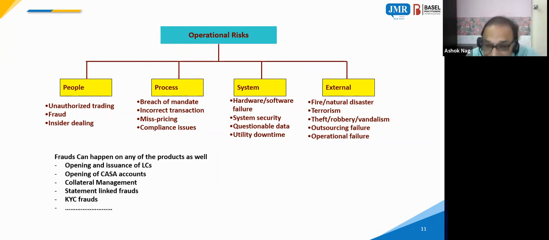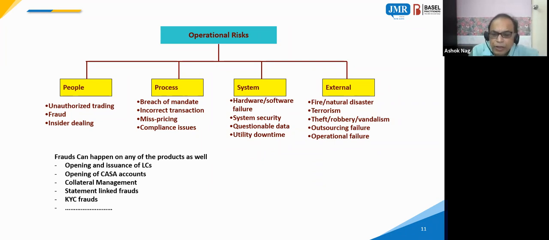Process failure is a breach of mandate, like the mandate that you have to take 100% collateral. The internal person committing fraud is breaching this mandate. Incorrect transactions, mispricing and mis-selling are also such things. System failure and external failure could be catastrophic. And that is operational risk failure.